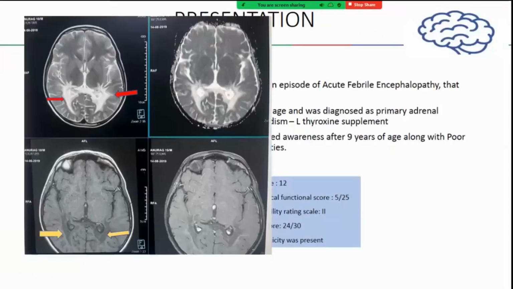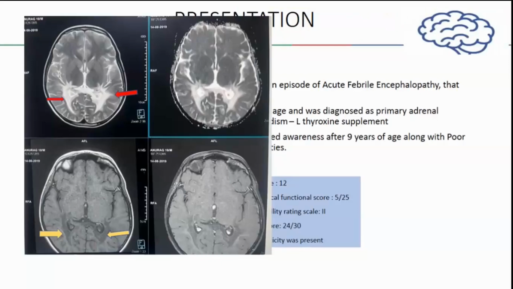And after this, an MRI was done, which is very classical of adrenoleukodystrophy. You can clearly see this. Before we do a bone marrow transplantation in ALD, there is a score called the Loes score, which is done on MRI, and a score cutoff is taken as 9. If the score is more than 9, then HSCT is usually not that helpful.